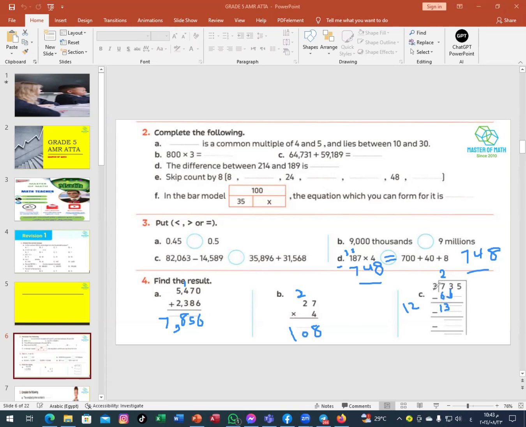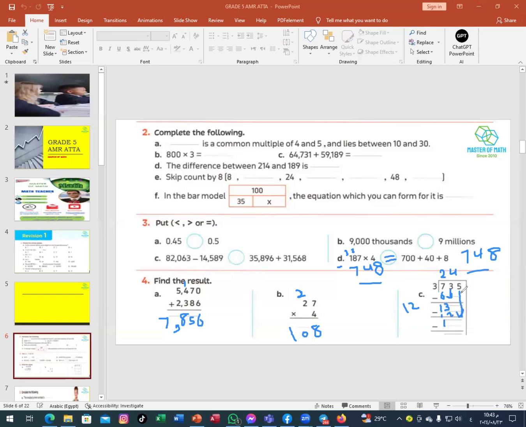It's 12. 12 divided by 3 equal 4. 4 times 3 equal 12, and I subtract it. It's remaining 1.